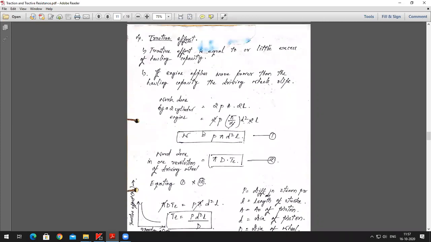Now let us discuss the next concept, which is tractive effort. Tractive effort is basically considered to be equal to or a little more than the hauling capacity. So if you have a hauling capacity of say 100 kilos, for you to be able to move, your tractive effort required will be more than 100 kilos.